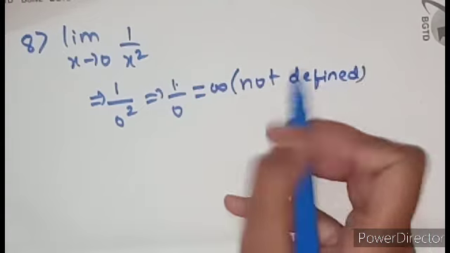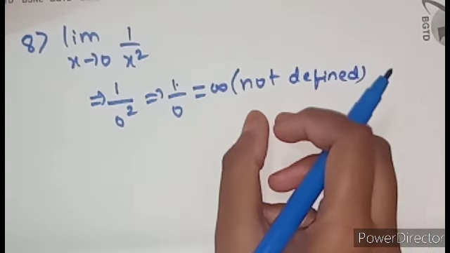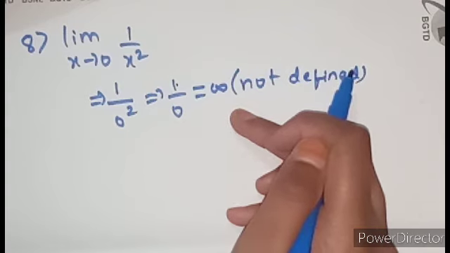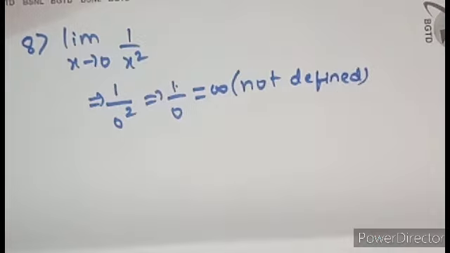The limit of this function is not defined. Why? Because 1 upon 0 is infinity, and we call infinity not defined. Why? Because it is beyond our imagination. If I consider the value of infinity as this much, there will exist another value which is greater than my considered value.